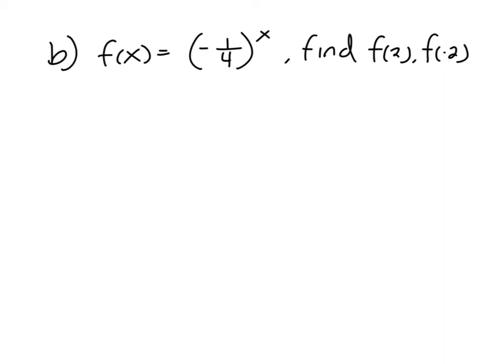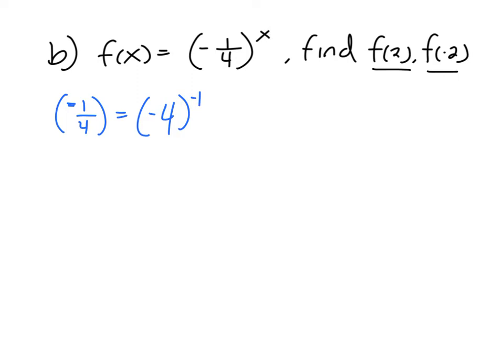Before I get started with finding these different values, I just want to remind us that if you have 1 over some number, so 1 over 4 in this case, this is the same thing as 4 to the -1 power.